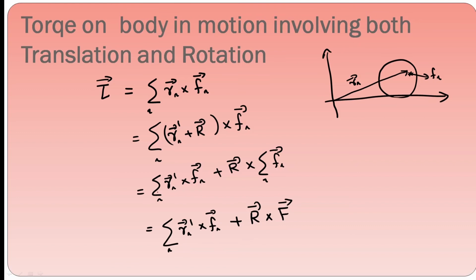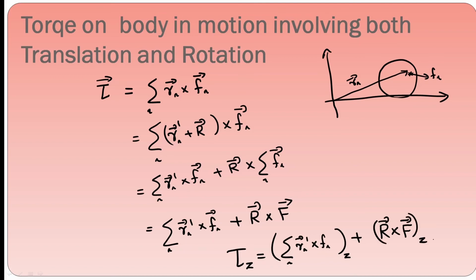Now if you take a fixed axis, you can write Ri dash cross Fi, you can just write tau Z. If you assume that the direction of axis is not changing, tau Z equal to summation over i Ri dash cross Fi in Z direction plus R cross F in Z direction.